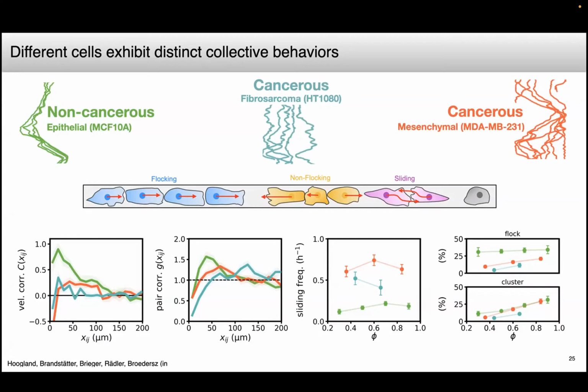The two mesenchymal cells have negative correlations on short scales, positive correlations on longer scales. We look at pair correlation functions, something like the fraction of time that the cells spent in a flock or just in a cluster that is not flocking. And we see differences. And these differences also depend on the packing density of the cell. So this is just a way of characterizing collective behaviors.